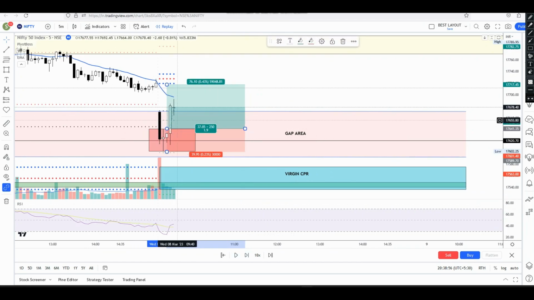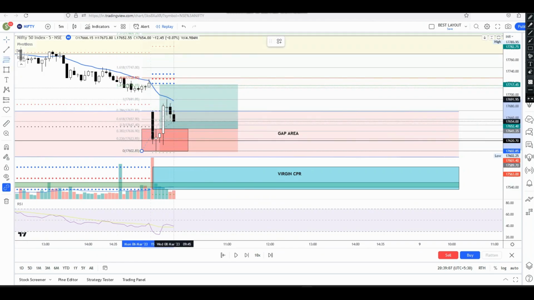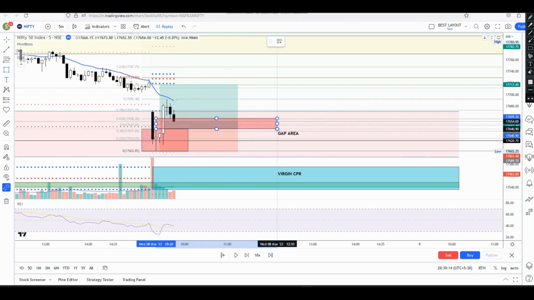You can see that a long bullish breakout candle formed, showing the strength of the bulls. Here we can take the Fibonacci tool and draw from the low to the recent high, and you can see that wherever the pullback is, it has to happen between the 60% to the 30% area.